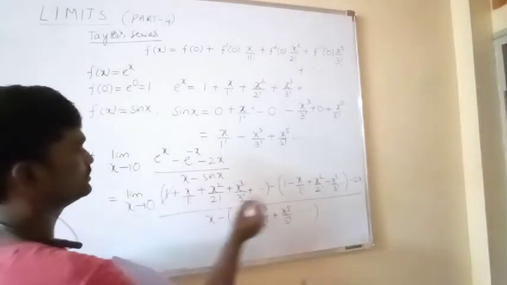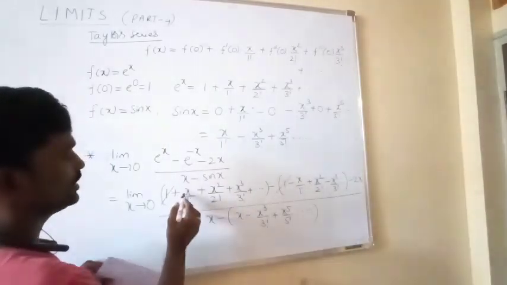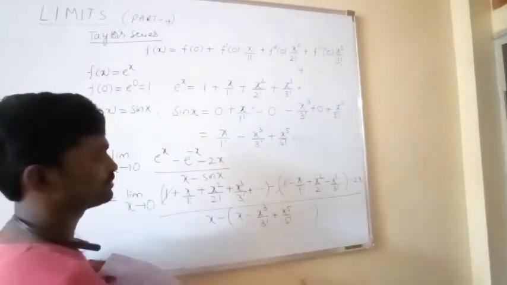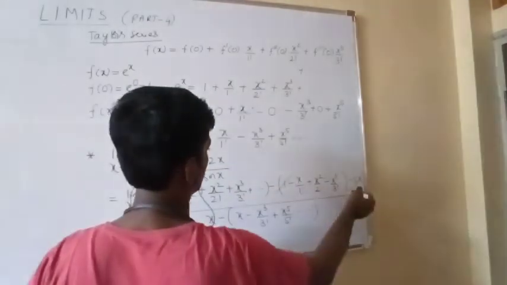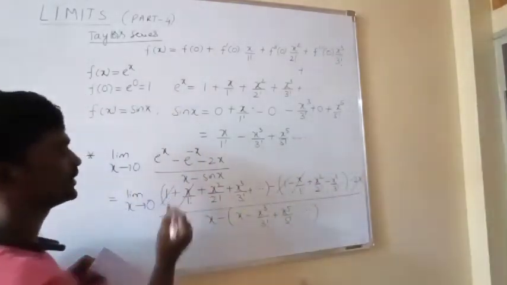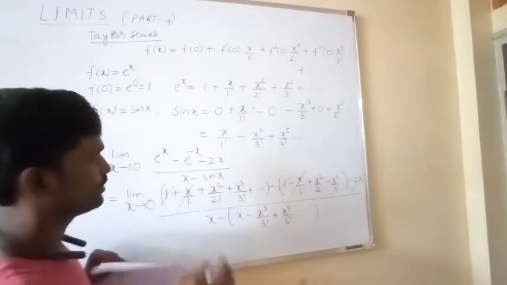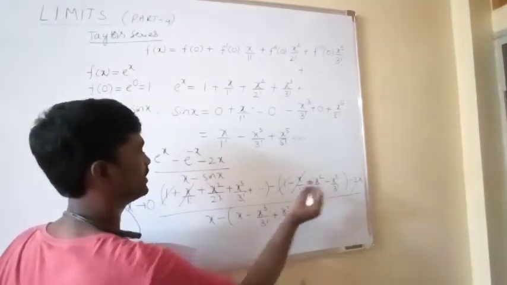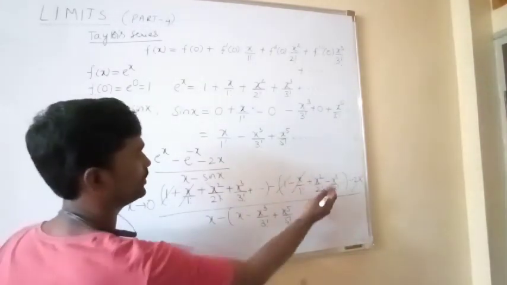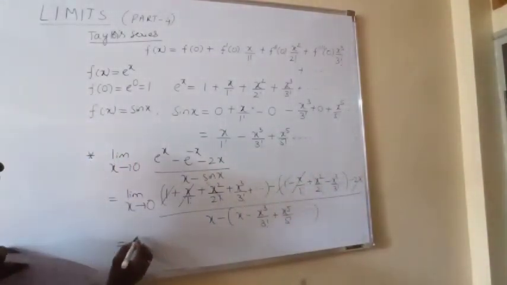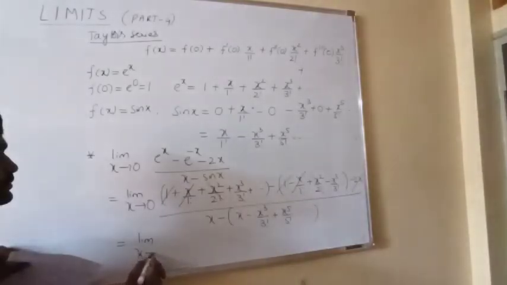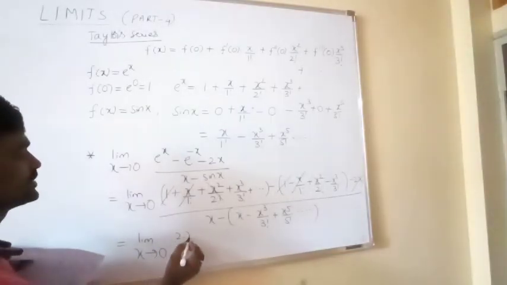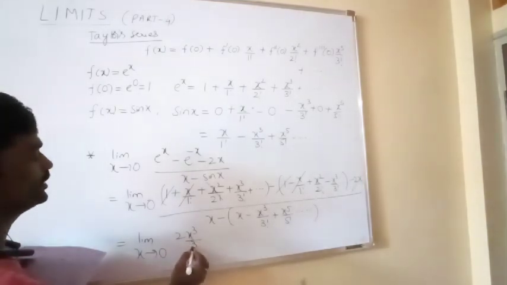See here, plus 1 minus 1 get cancelled, x minus of minus x, 2x minus 2x get cancelled, and x square plus x square minus x square get cancelled. Then what are you getting? 2 times x cube by 3 factorial.